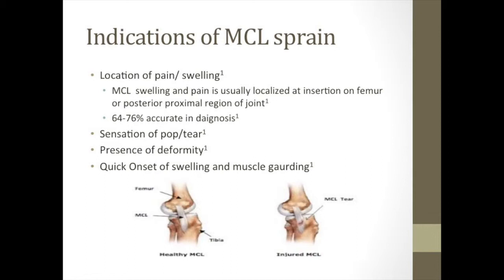This is about 65 to 75% accurate. Next, you want to ask if they had a sensation of a pop or tear, or if they heard anything. You want to palpate for deformity, see if you can feel anything missing there. And there will be a fairly quick onset of swelling and muscle guarding.